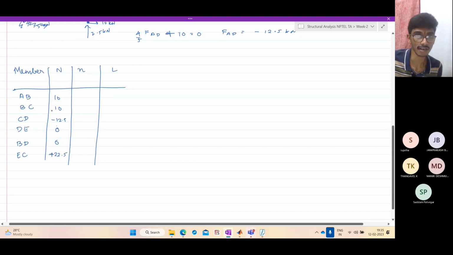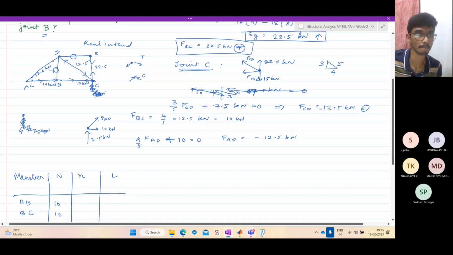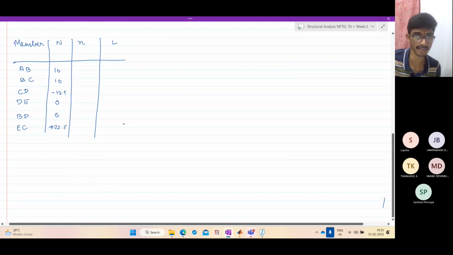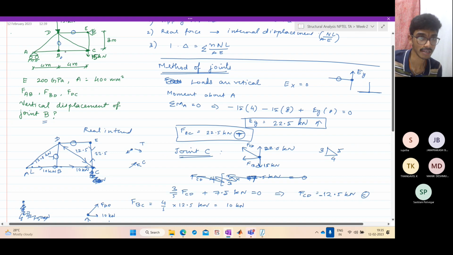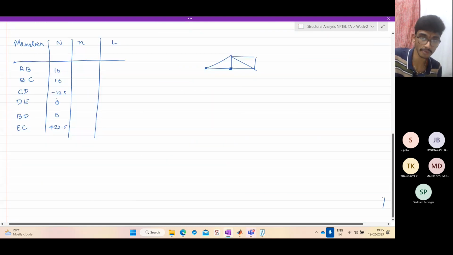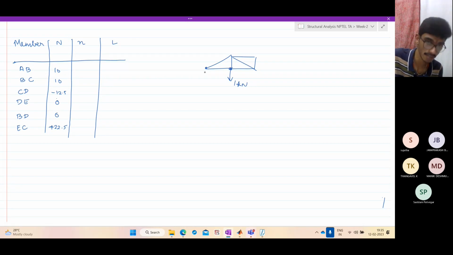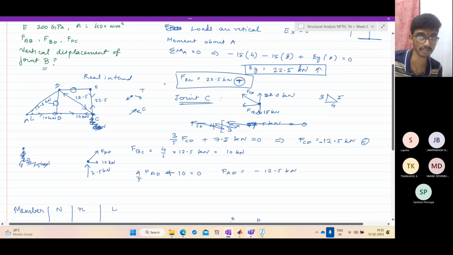Now let us solve the virtual load. Okay, so let us draw another free body diagram. So we want to determine the deflection at B. So we need to apply a virtual unit load of 1 kilonewton at B. So A, B, C, D and E, sorry, D and E interchange.